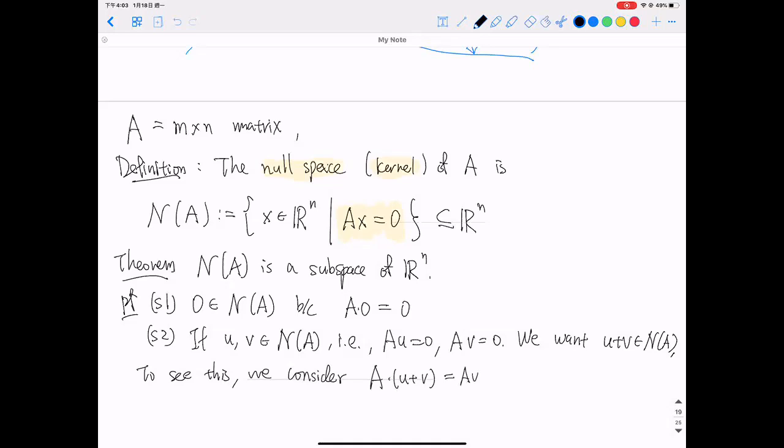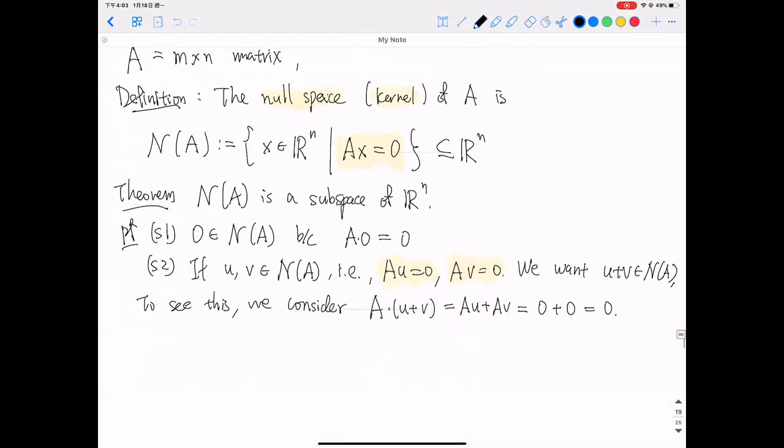But according to one property of matrix multiplication, A(u plus v) is Au plus Av, which is 0 plus 0, because u and v being in N(A) means Au is 0 and Av is 0. So we have 0 plus 0, therefore 0. And that's why u plus v belongs to N(A).